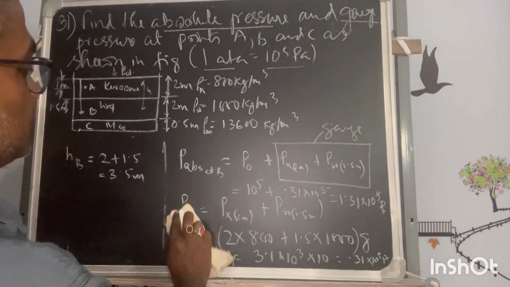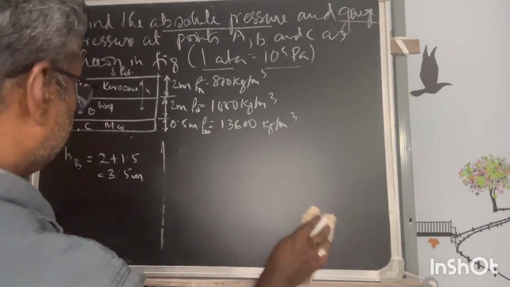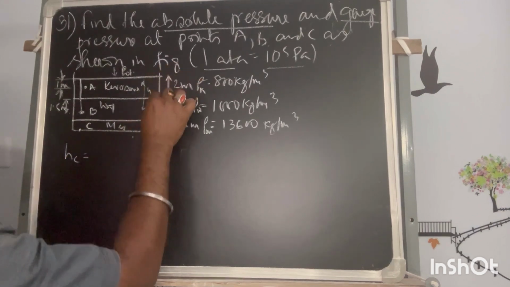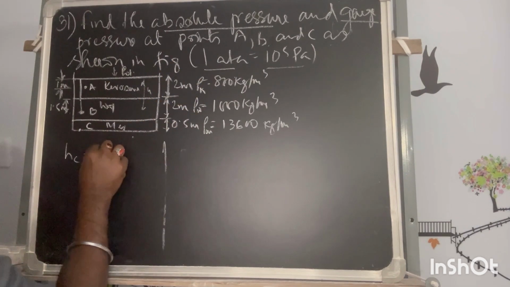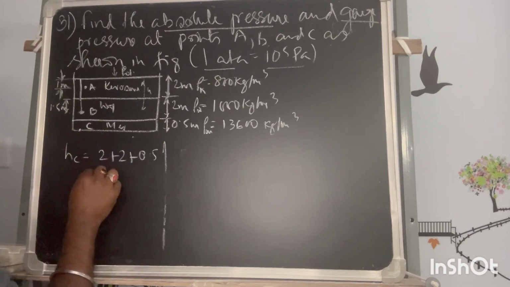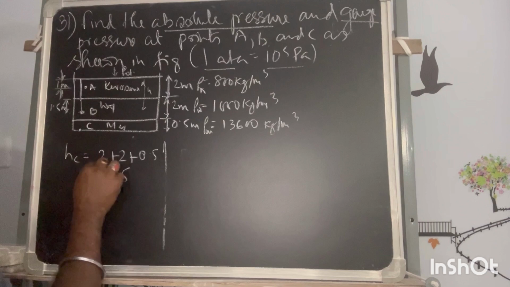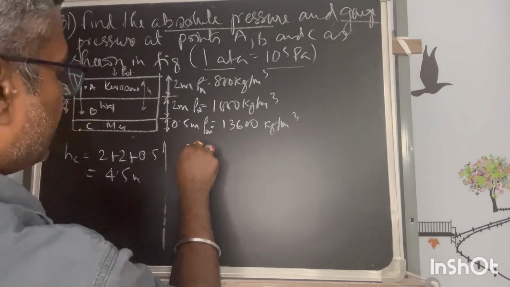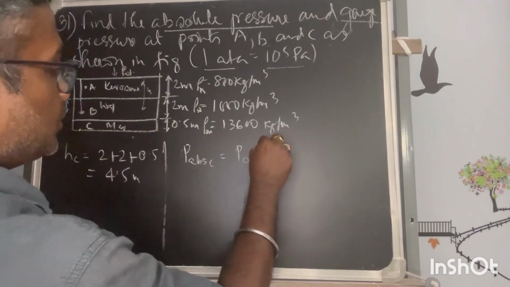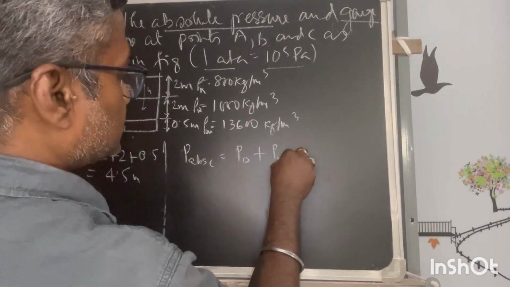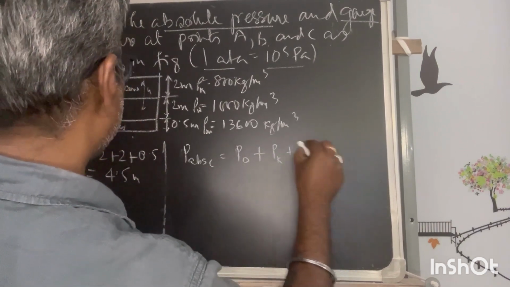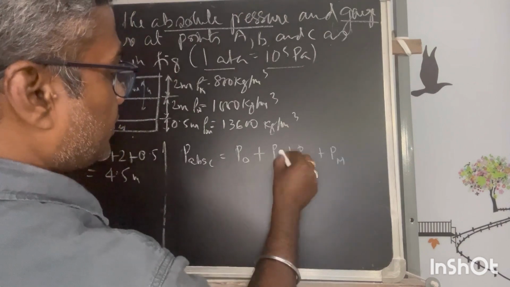Okay, next comes your point C. So point C, height for point C is equal to 2 plus 2 plus 0.5, because that is in the bottommost part. So 4.5 meter is the height. So again absolute pressure for C is equal to atmospheric pressure plus pressure due to kerosene plus pressure due to water plus pressure due to mercury, because everything I am taking the full column.